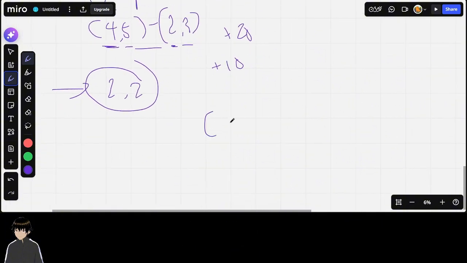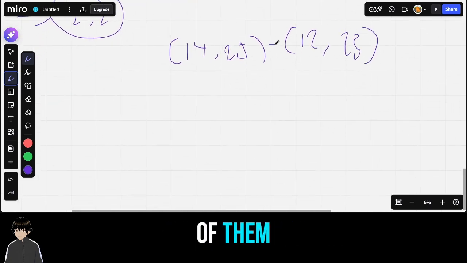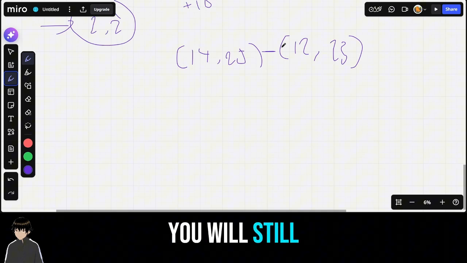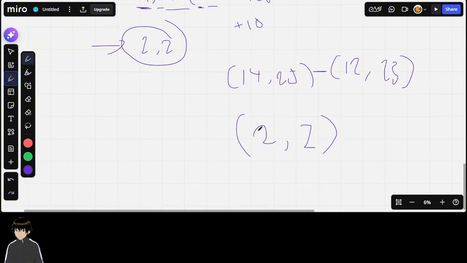If you minus them, you minus both of them, you will still get 2 and 2, which is the same as this.